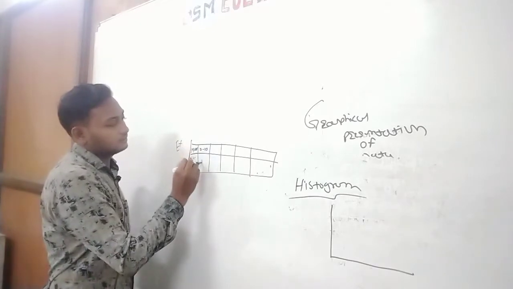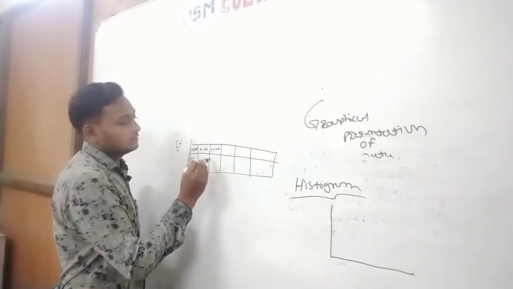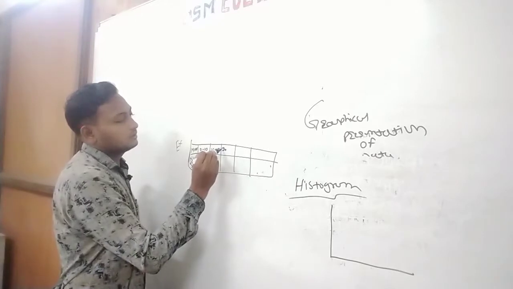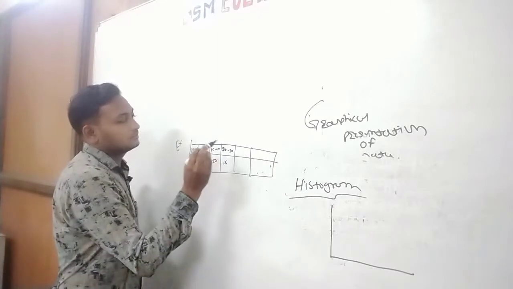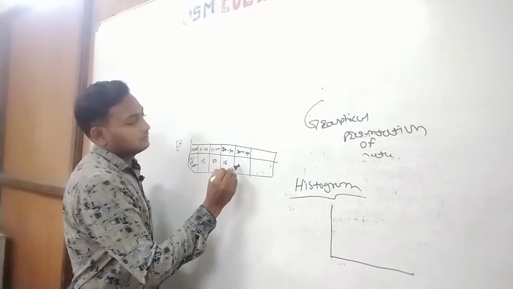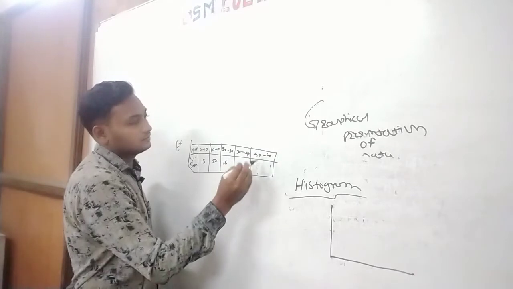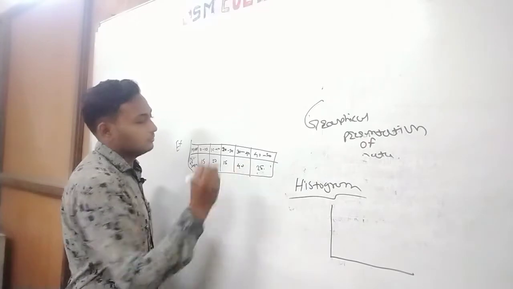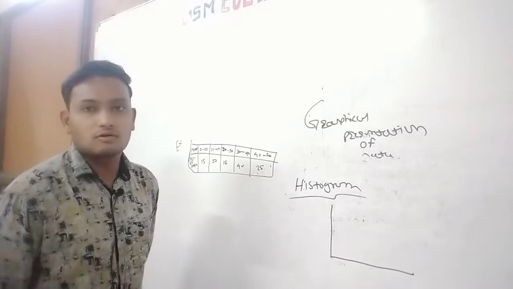For marks 0 to 10 there are 15 students, 10 to 20 there are 20 students, 20 to 30 there are 15, 30 to 40, and for 40 to 50 the number of students is 25. So these are examples of the marks of students.